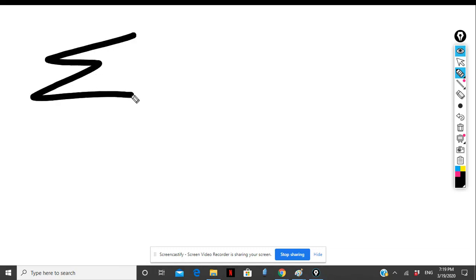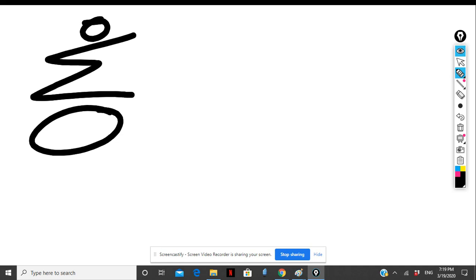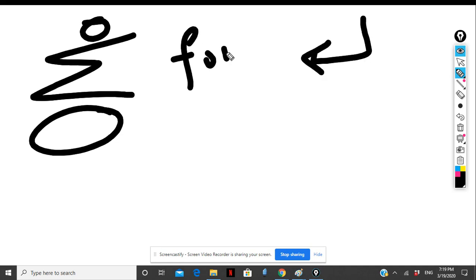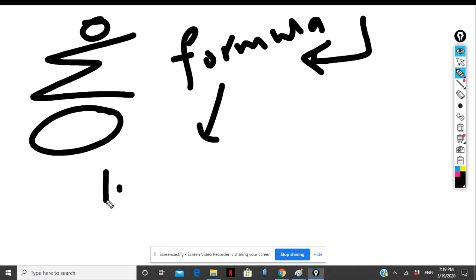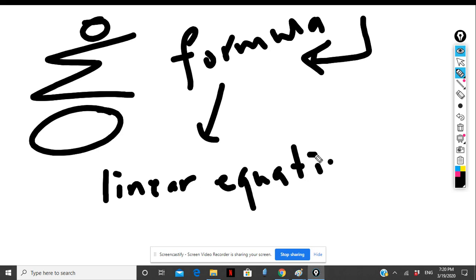Here is the sigma notation. So as I said, here is a variable. Here is the top. Okay, what's next to here? The formula. If the formula is a linear equation, so I have an arithmetic sequence.